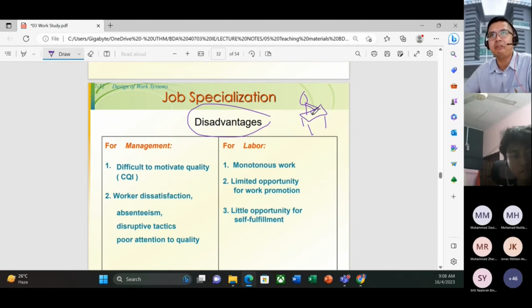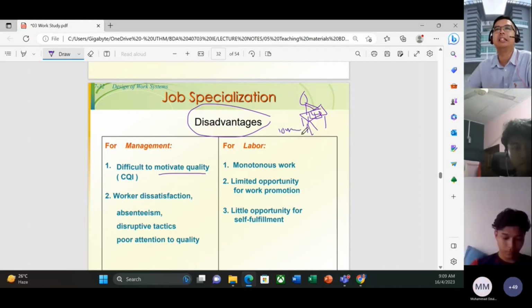When they are specialized, they only focus on specific things. For the management, it is difficult to motivate quality. For example, this Ali, a worker, 10 years in this factory.